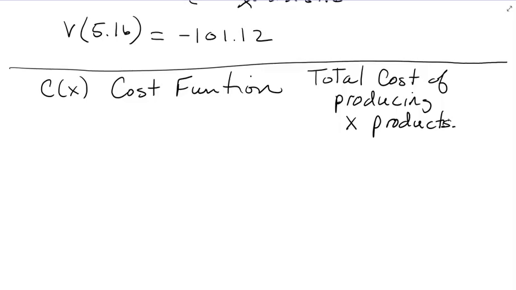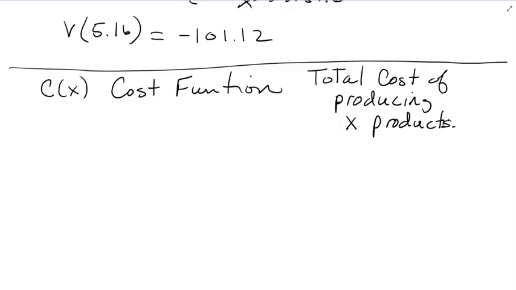Usually with a cost function, making those first few products, like product number 1, is always the most expensive one to make, because when you take into account all the material you need and everything, obviously that cost goes down. So product 100 is going to be a lot less to produce than product 1.